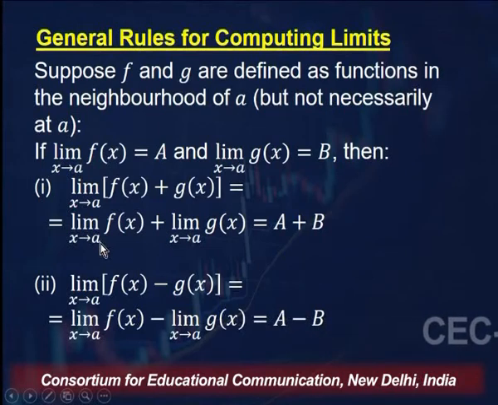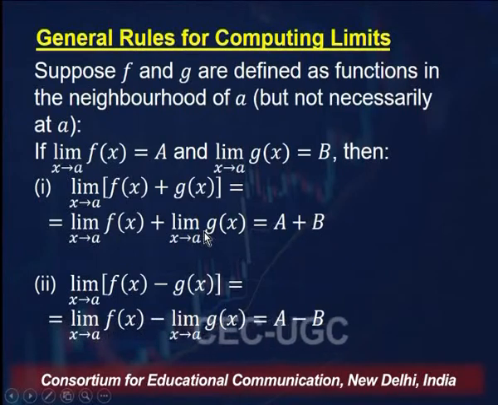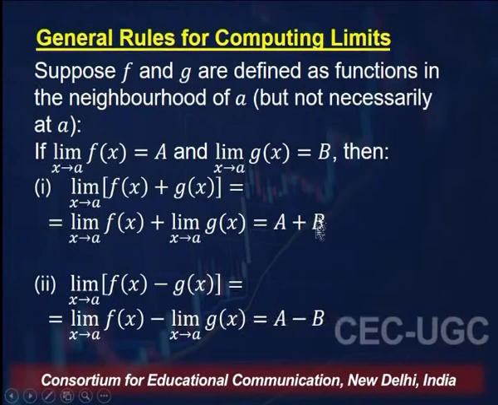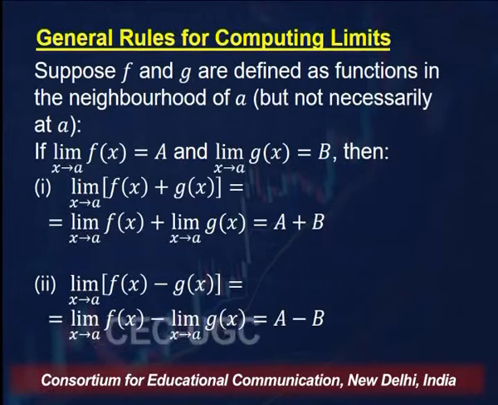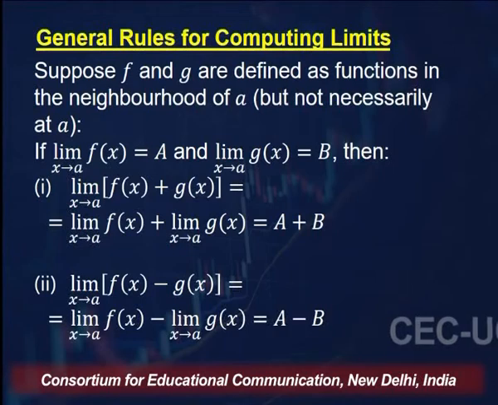And because the limit of f as x tends to a is capital A, and the limit of g as x tends to a is capital B, that gives us A plus B. In words, this is simply saying that the limit of the sum is the sum of the limits.